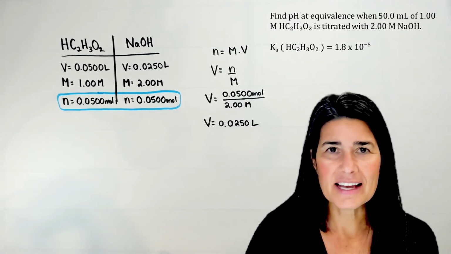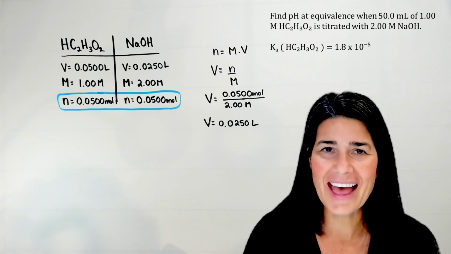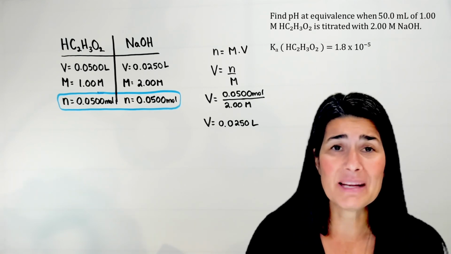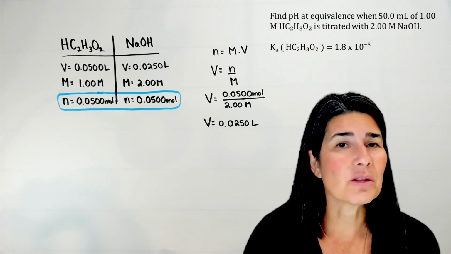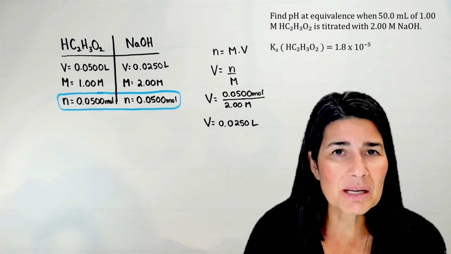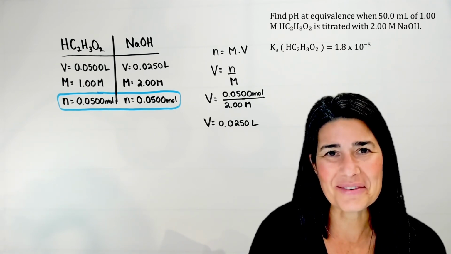Now they're asking us a pH calculation. Always start off with, what do you have? Identify what you have. You have an acid and a base. This acid and base are going to react. So the plan of attack: write the reaction, react them in moles, and see what's left. So let's go ahead and start with that right now.